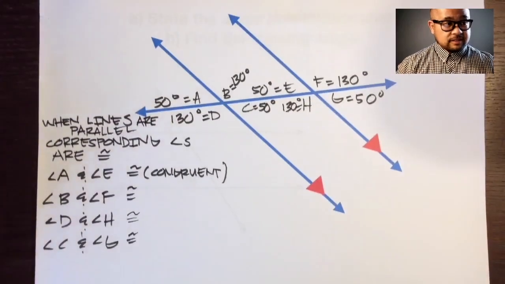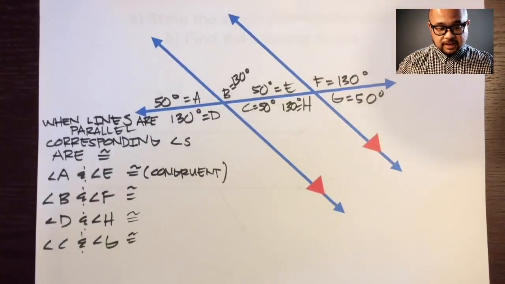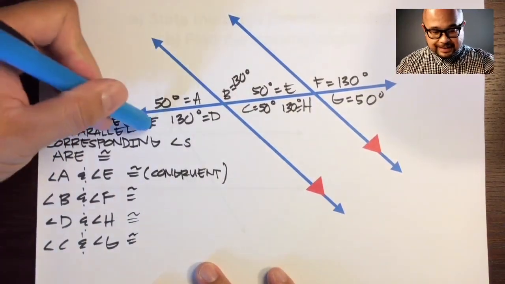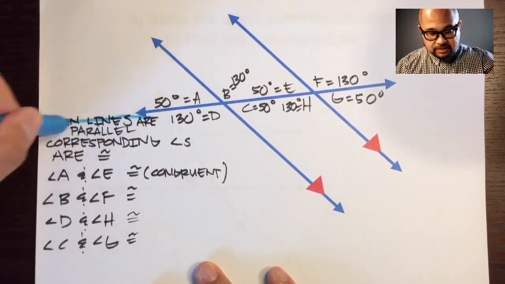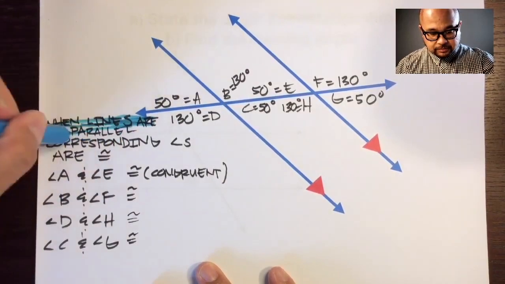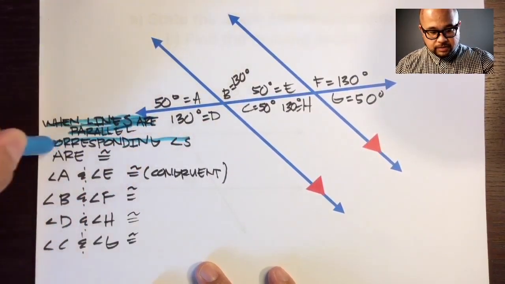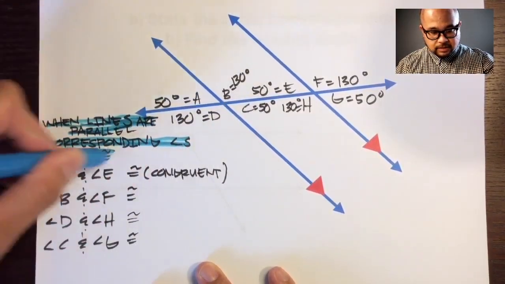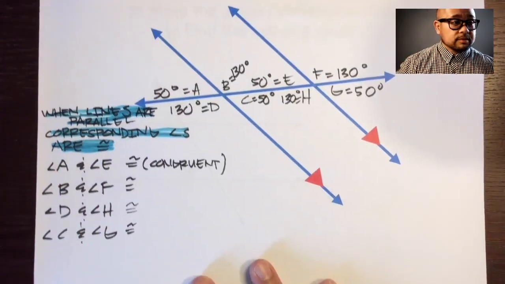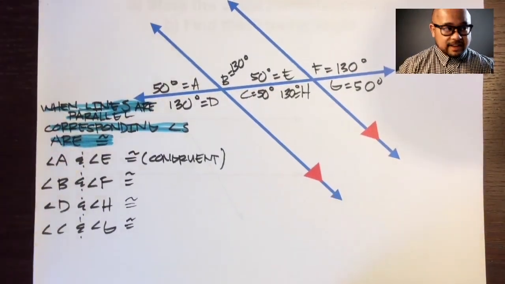That's pretty important, so write that in your notebooks, and let's highlight that. When lines are parallel, corresponding angles are congruent.